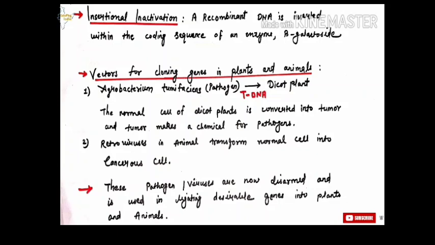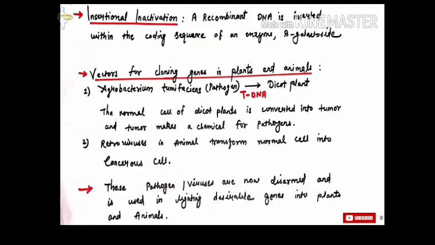Whenever we are introducing any recombinant DNA, the antibiotic resistance gene gets inactivated due to insertion of alien DNA. This process is insertional inactivation. A recombinant DNA is inserted within the coding sequence of the enzyme beta-galactosidase. So this is an example of insertional inactivation.